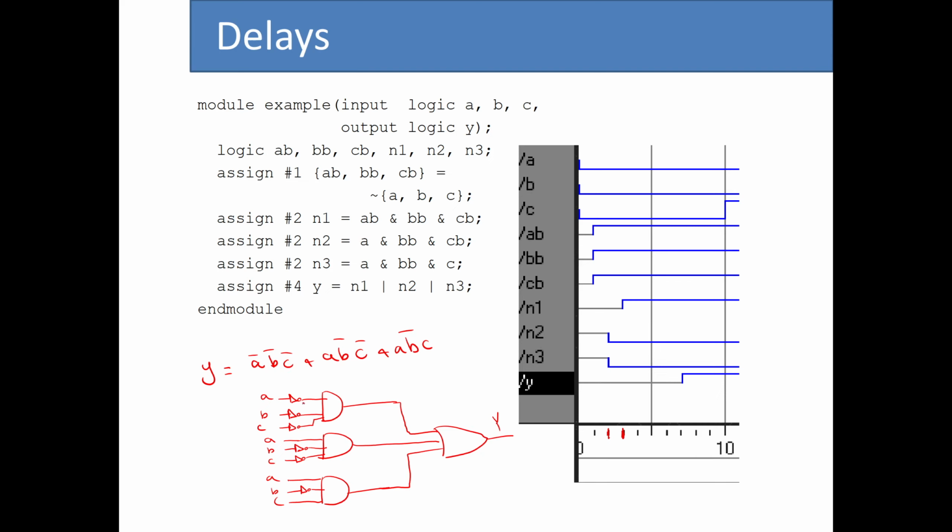We know that each one of these NOT gates has 1 unit of delay, each AND gate has 2 units of delay, and the OR gate has 4 units of delay. But when you execute or synthesize this function, it is not going through these lines one by one.